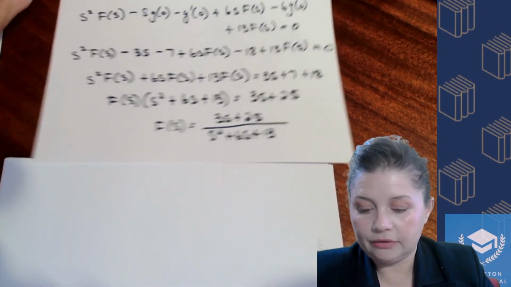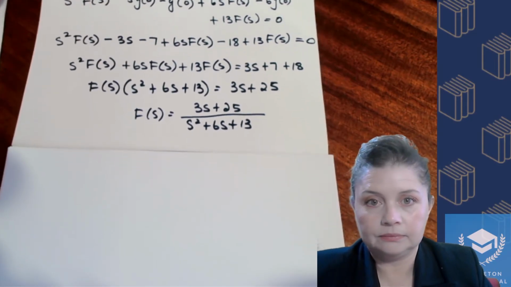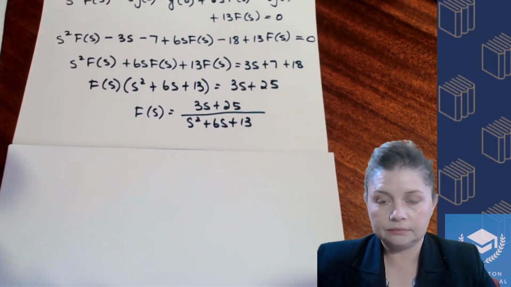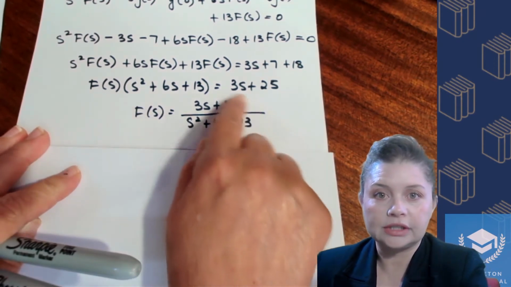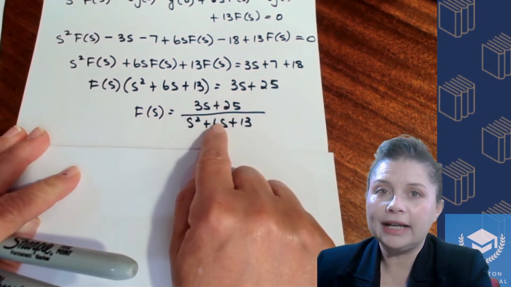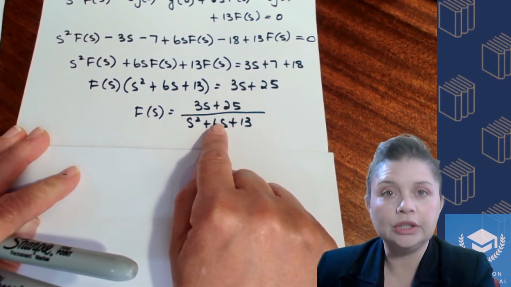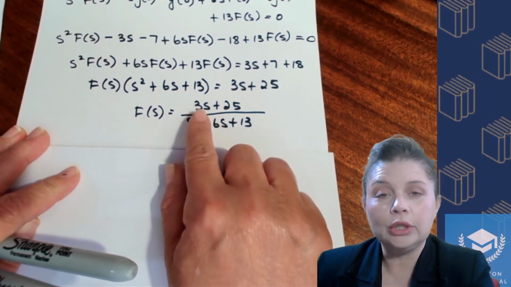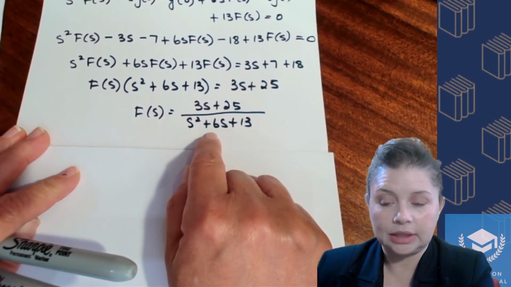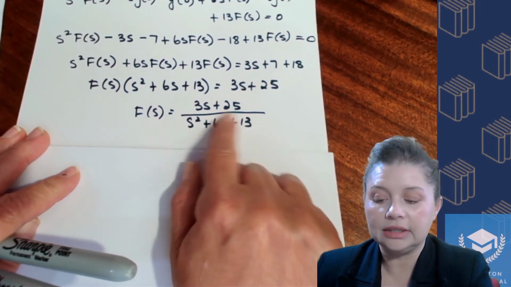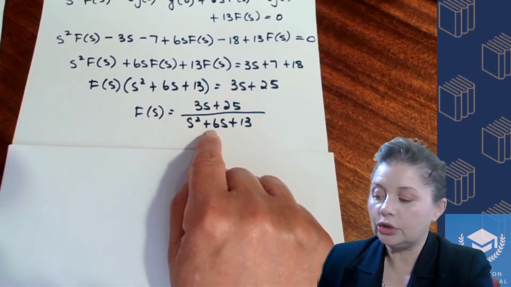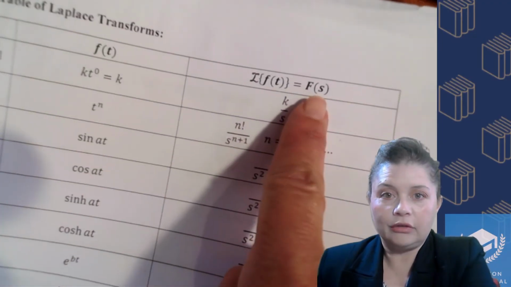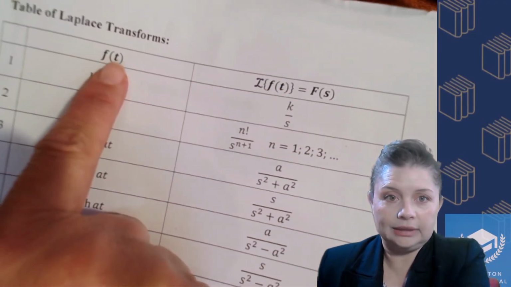So we have our function F of s here equal to this expression here. When you find the inverse Laplace transform, you need to have a strategy. So we look at our denominator, right? And you see whether or not the denominator has the same form as anything on your table. Because if you're working with a table, you want to take it from F of s back to F of t, right?